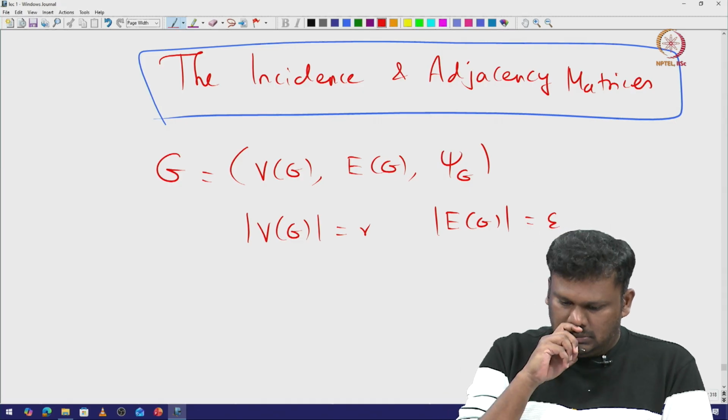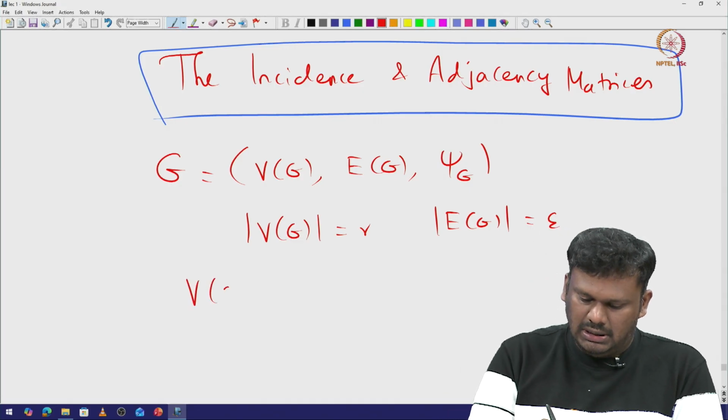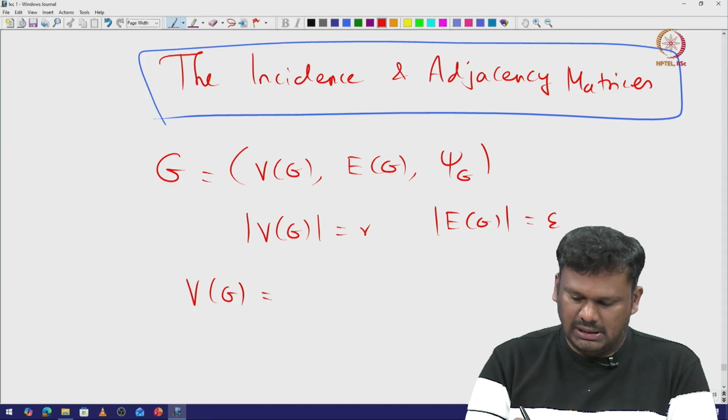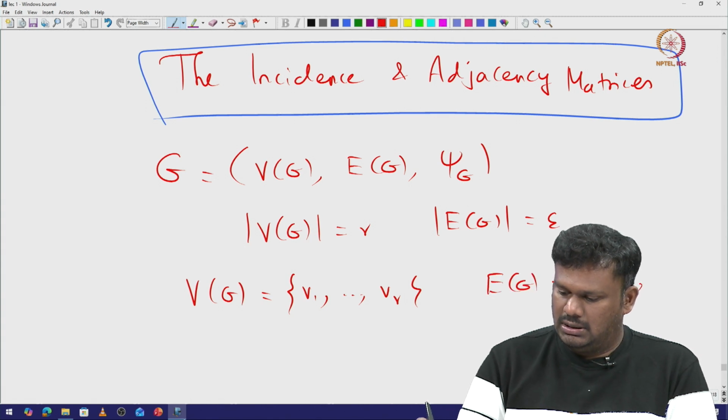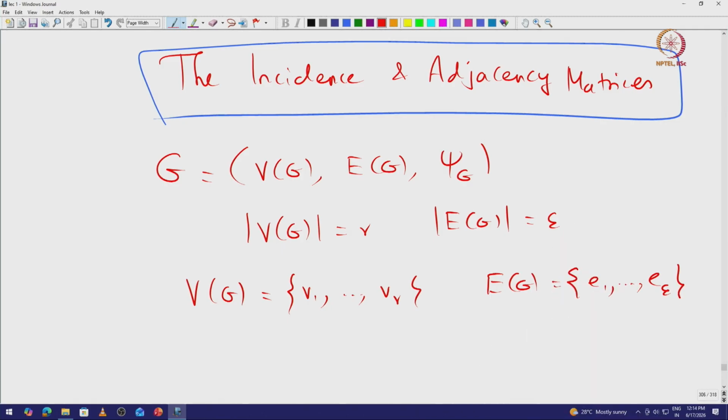Now we can label the vertices as v1 etc. v nu, and the edge set again one can label as e1 etc. e epsilon. So now what is the incidence matrix?